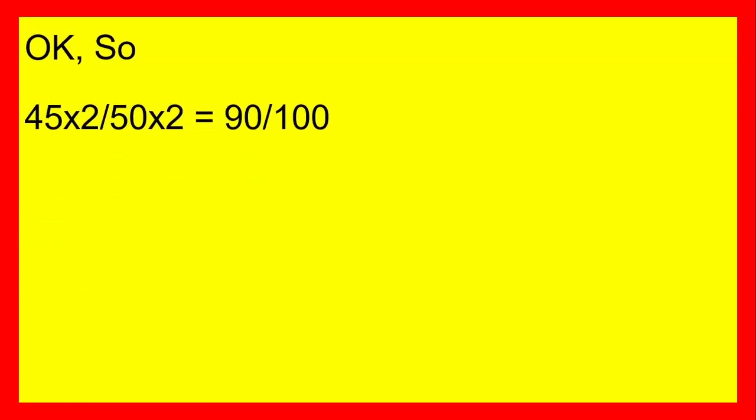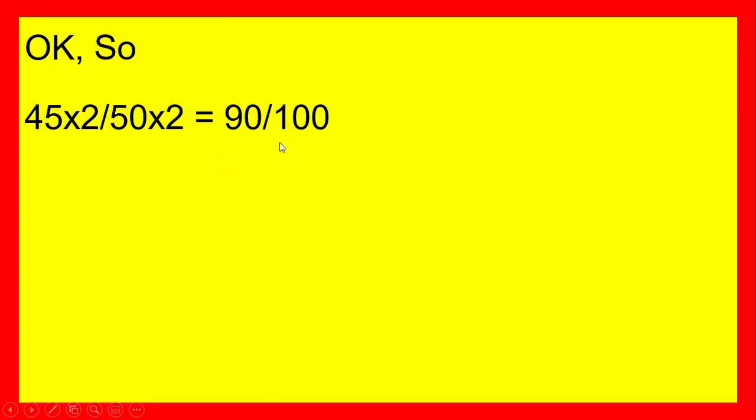So to double this 50 to make it 100, we will multiply 50 by 2, and at the same time we have to multiply 45 by 2 as well, because that's the rule. So when we multiply both the numerator and the denominator by 2, we get 90 divided by 100.